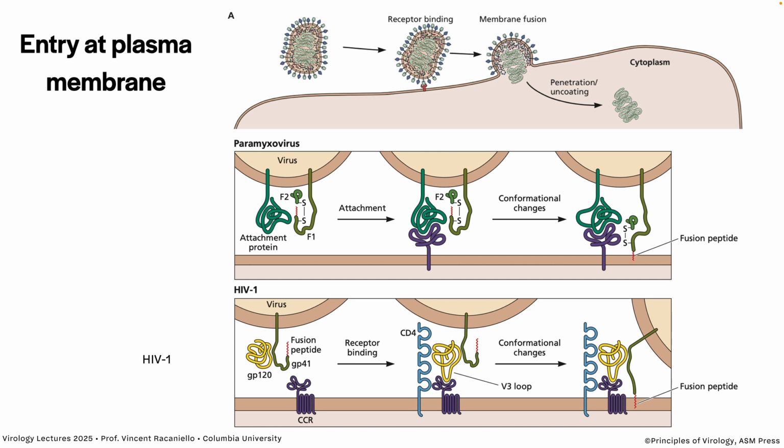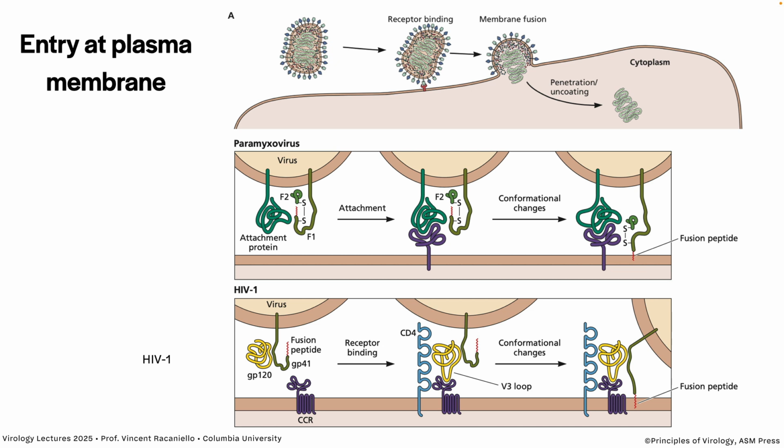So fusion proteins are typically like 20 amino acid long, highly hydrophobic sequences, which can stick in membranes. Membranes are very greasy, right? And you need greasy amino acids to stick into them. And the key to fusion of two membranes is to get them really close and get rid of the water molecules that are between them.